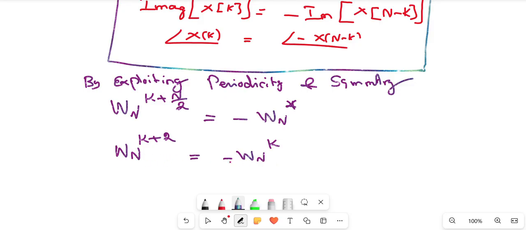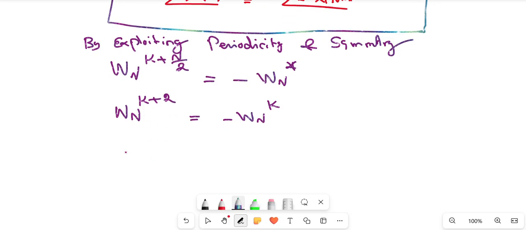For example, N is equal to 4, k equal to 0, so W N power 0.